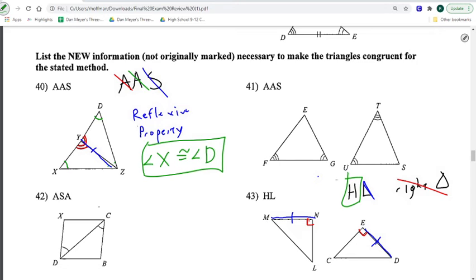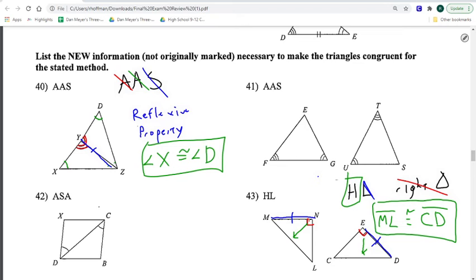And so where's the hypotenuse? For the hypotenuse, I look across from the right angle. And that's my side. So I want M to L to match up to, look across from the right angle, and I see C to D. This is my answer. I had the right triangle, I had the leg, I needed the hypotenuse.